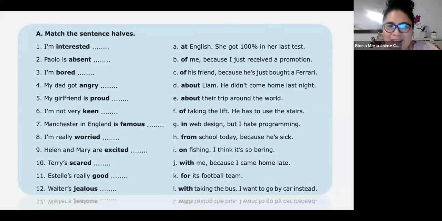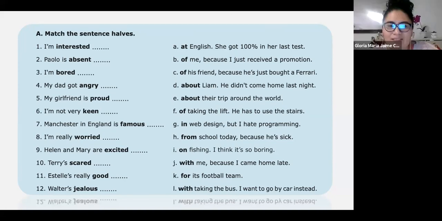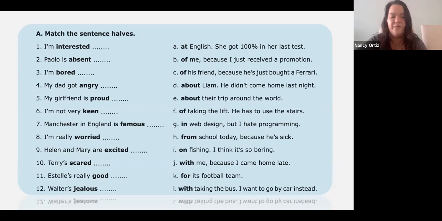Mildred, number 10. Is Terry scared of taking the lift? He has to use the stairs. Okay, very good.